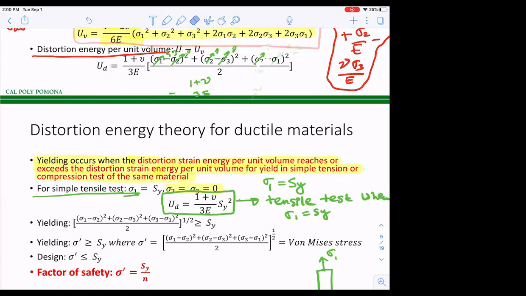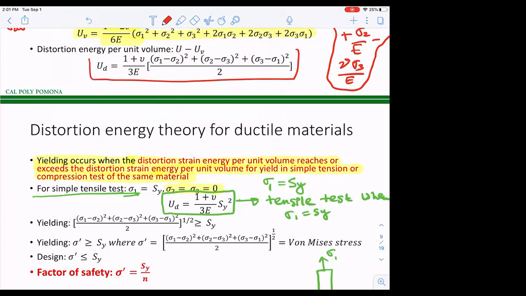For your structure, how do you calculate? You have a structure where the loading is not tensile loading only. You have all sorts of loading, say 3-dimensional loading, you have shear, whatnot. For your structure, calculate the distortion energy. This is the formula you will use to calculate the distortion energy for your structure of interest.